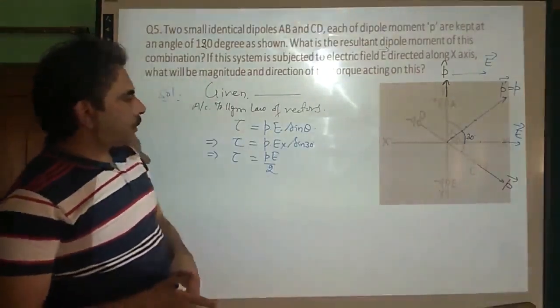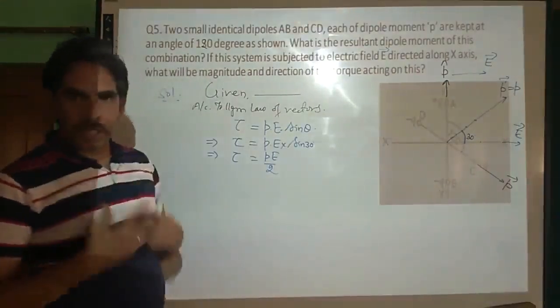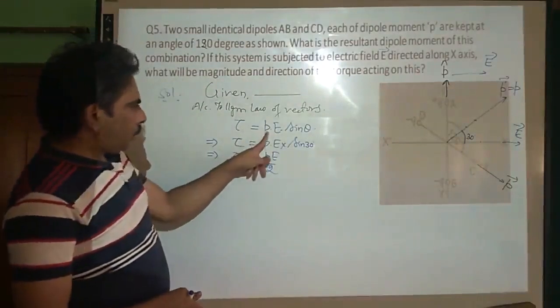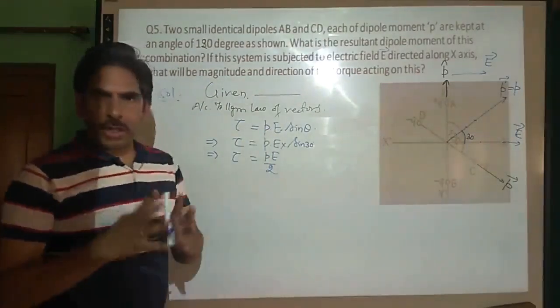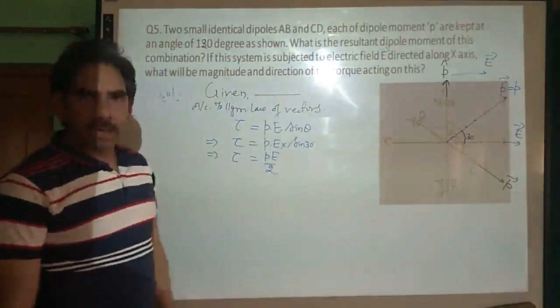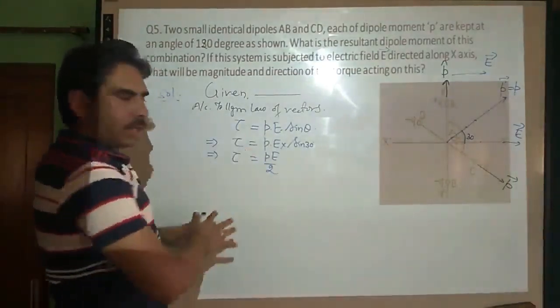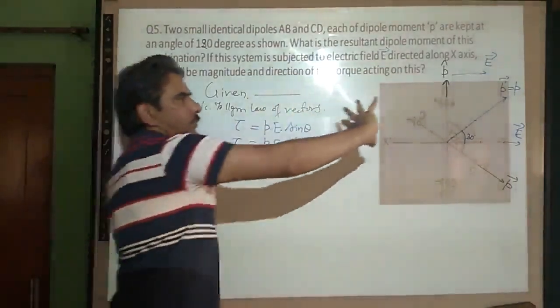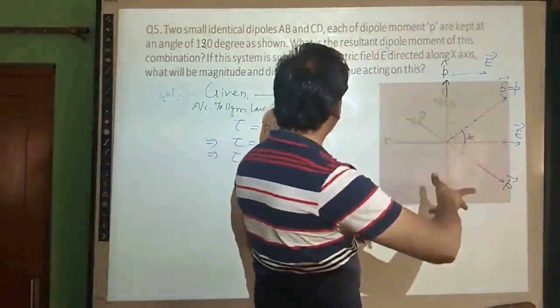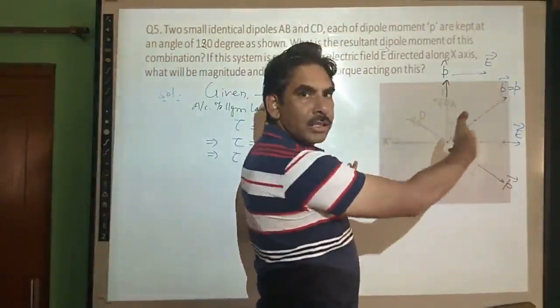What about the direction? The direction of torque, as we already know, is perpendicular to both P and E. If we think of the situation as being in the plane of the board, then according to the right hand screw rule, whenever we rotate P towards E, the screw will advance vertically inward.